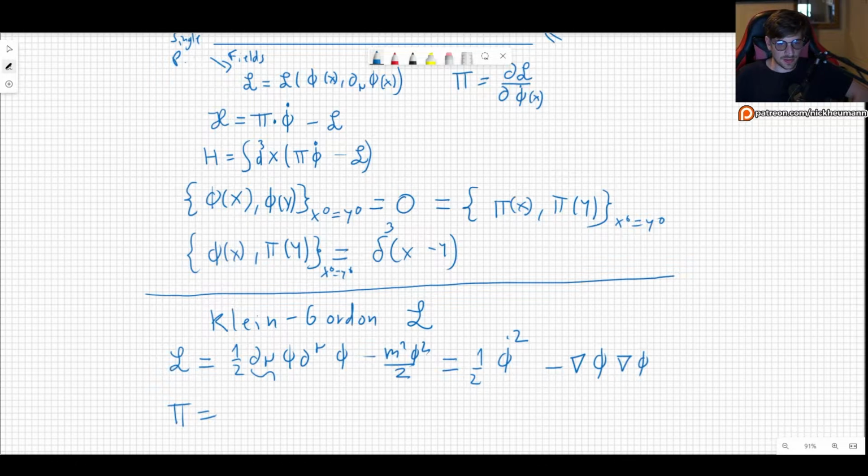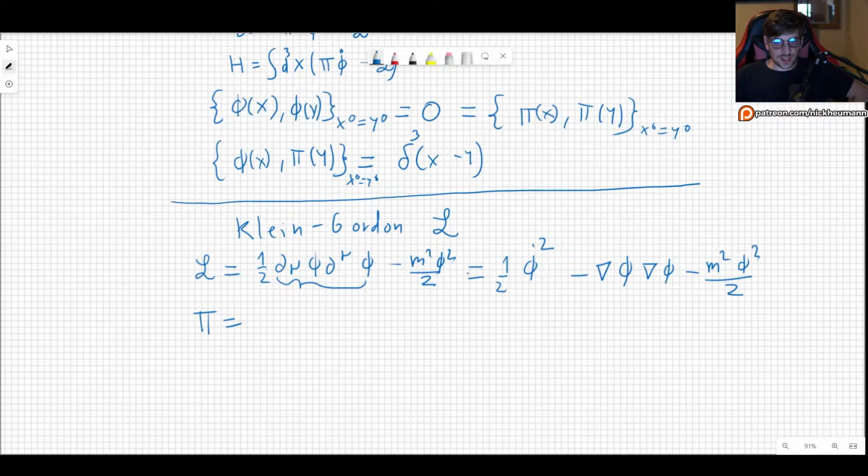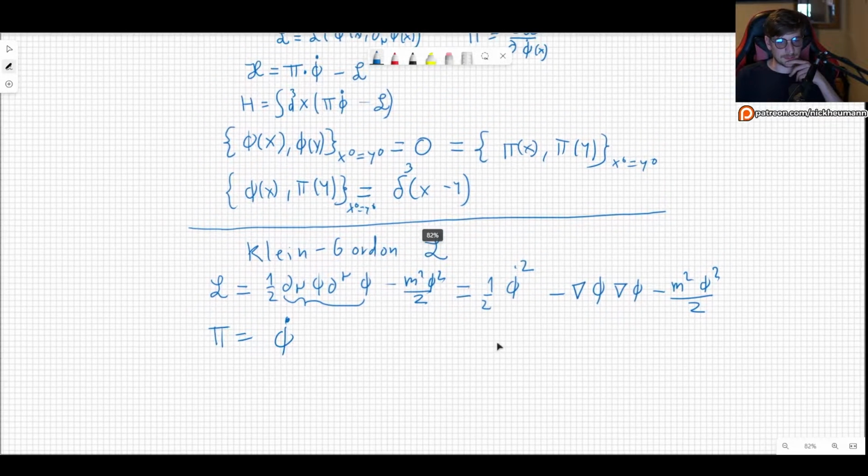We simply expanded the d mu's: time derivative, comma, spatial derivative, with the relative minus sign. And then minus m squared phi squared over 2. So if we take the derivative with respect to phi dot, only this part depends on phi dot, so this is going to be phi dot. That is what the canonical momentum pi is.